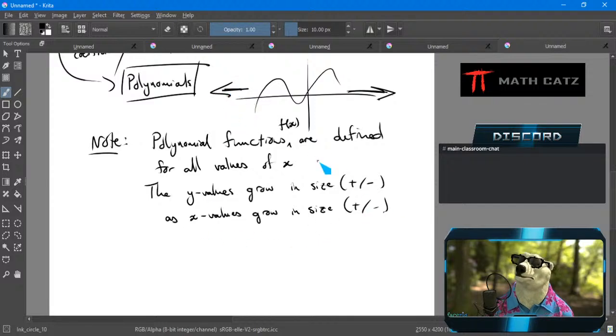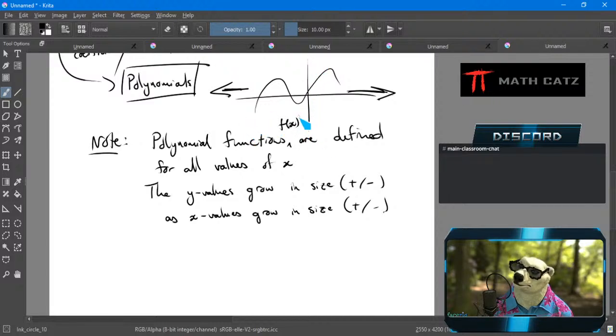So there's a difference between the number and the size, absolute value of the number. I don't want to say the x values get smaller because I'll reserve that for being close to zero. They grow in size, but negative. So far to the left, the graph is going to continue forever. The question is just up or down. The size of the y values will grow. Is it positive or negative?